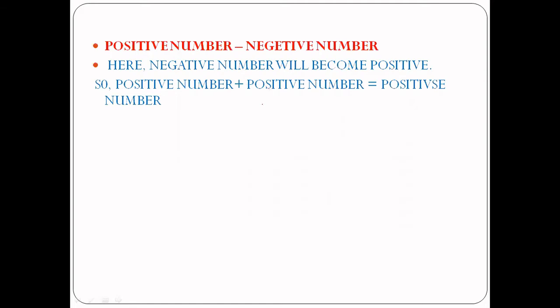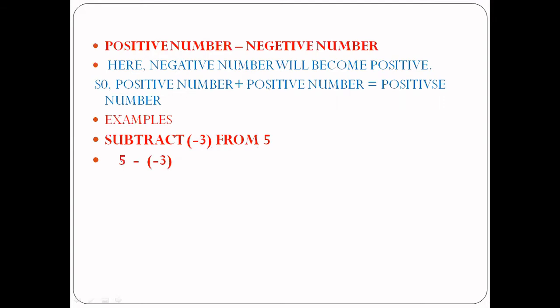Let's learn this with an example. Subtract negative 3 from 5. Here 5 is a positive number and 3 is a negative number. We need to subtract negative 3 from 5. So you can see here 5 minus minus 3. There are two negative signs, minus and negative 3.